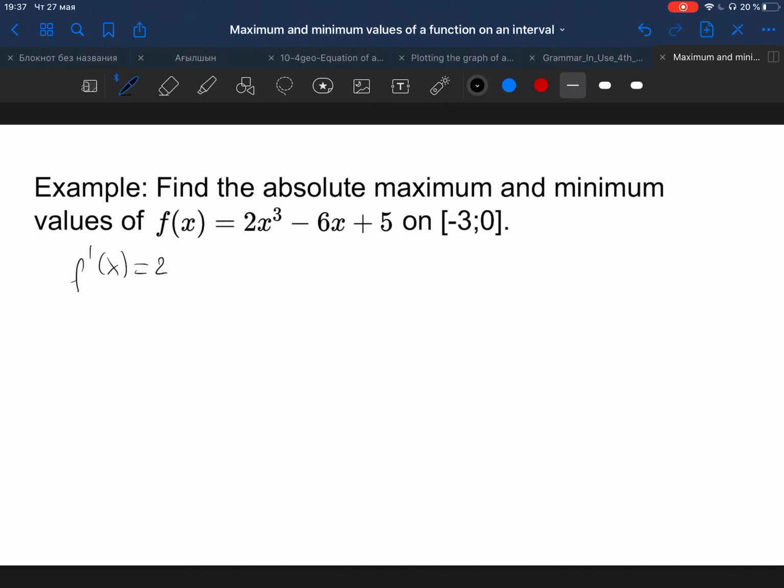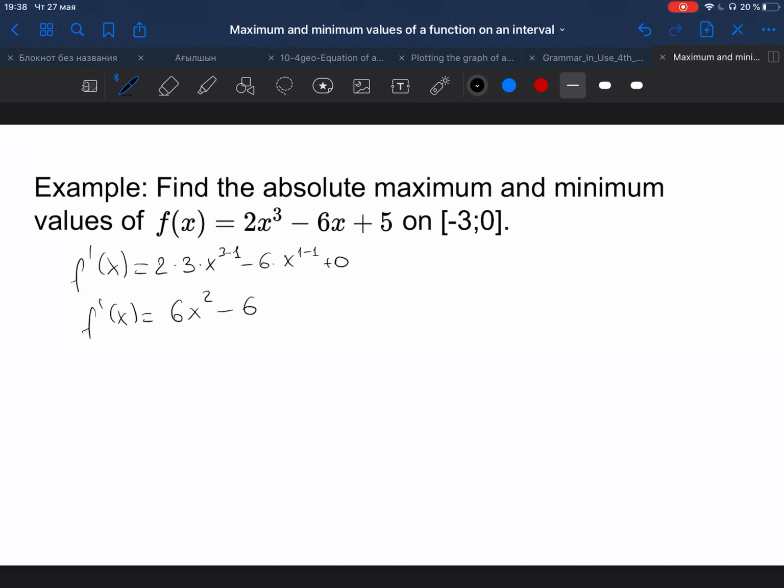We leave the coefficient 2. After that, the derivative of x cubed will be 3 multiplied by x to the power of 3 minus 1. And then the derivative of 6x will be 6 multiplied by x to the power of 1 minus 1. After that, the derivative of the constant number will be 0. And f prime of x will be equal to 6 multiplied by x squared minus 6.